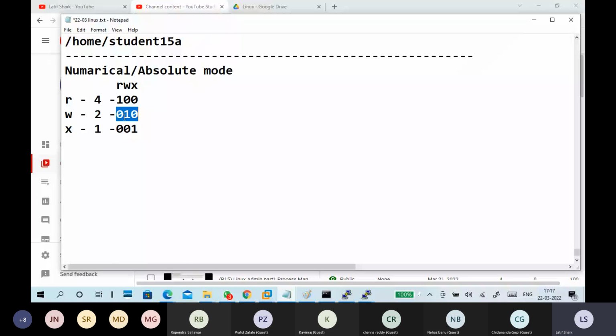In this one read is 0, execute is 0, write is 1. In this one read and write are zeros, execute is 1. So that's why the numbers are given like this. If you add all these things, read, write, execute, the value is 7. Okay.